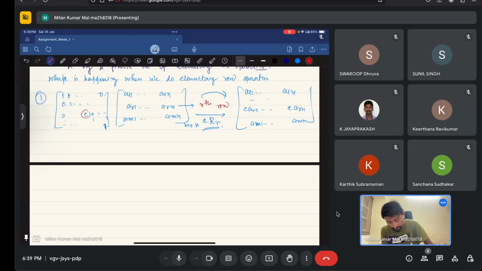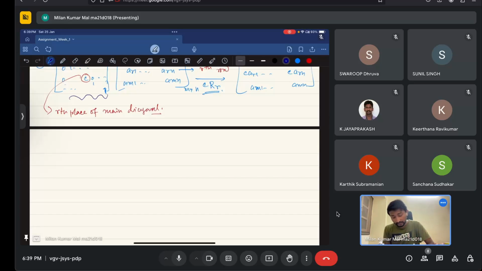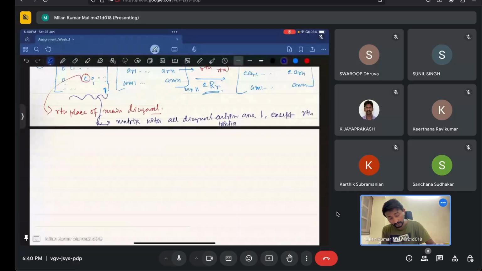This is a matrix with all diagonal entries 1 except the rth position, which is C, and all other entries are 0.